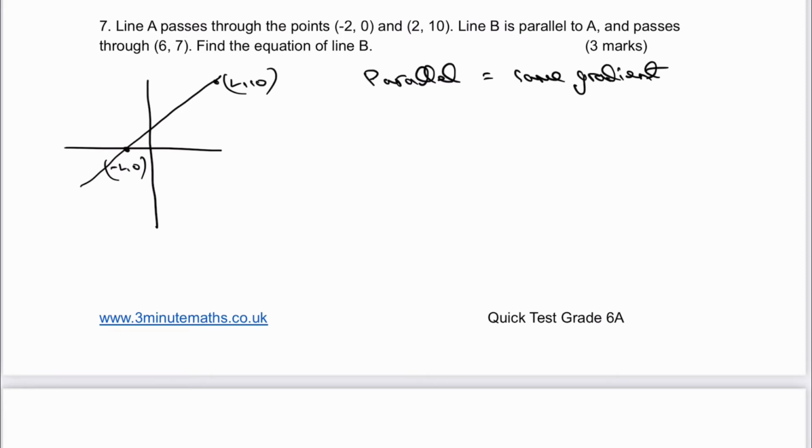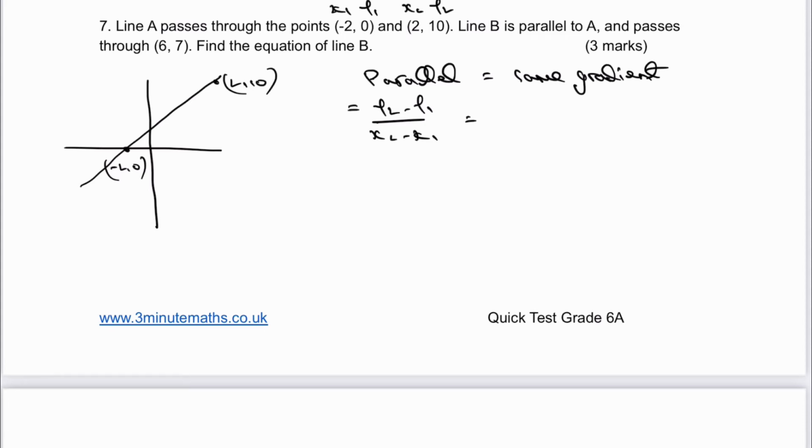Well, the gradient for line A is going to be equal to y2 minus y1 divided by x2 minus x1. Now, you might decide that you want to draw a triangle or something like that. It's perfectly fine. However, the way I would do it is I would say, well, this is y2, and therefore this is y1, this is x2, and this is therefore x1.